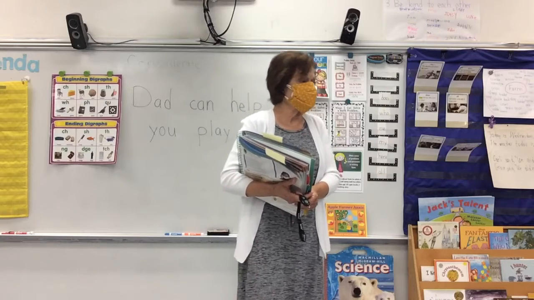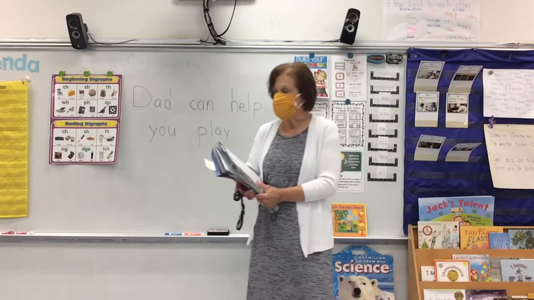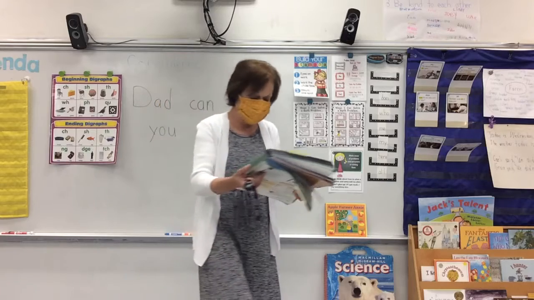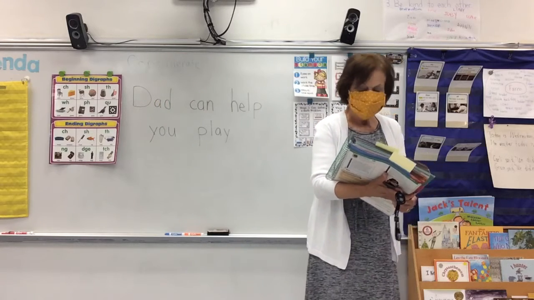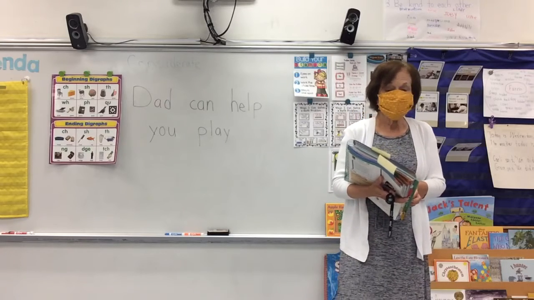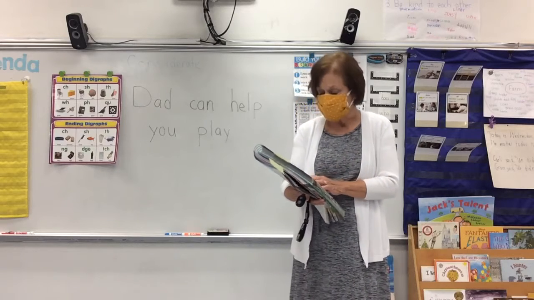This story was informational text. That means you learned real facts about real things, and there were photographs. In it, there are text features like headings and labels. So on each page, there was a label that told you the place they were.